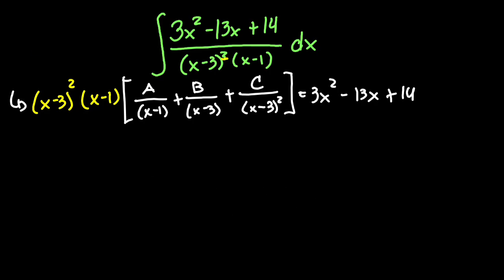Now, multiply these given values on this first part first. You can actually see when you multiply it, x minus 1 would cancel, which leaves you with a multiplied by x minus 3 squared.